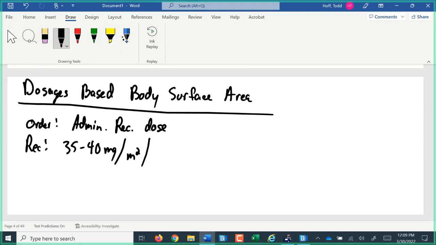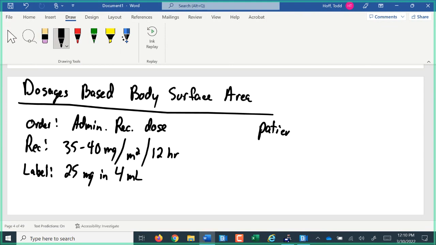Body surface area is going to be calculated in meters squared. So 35 to 40 milligrams per meter squared every 12 hours. The label on our supply is going to tell us that that is constituted at 25 milligrams, 4 milliliters.